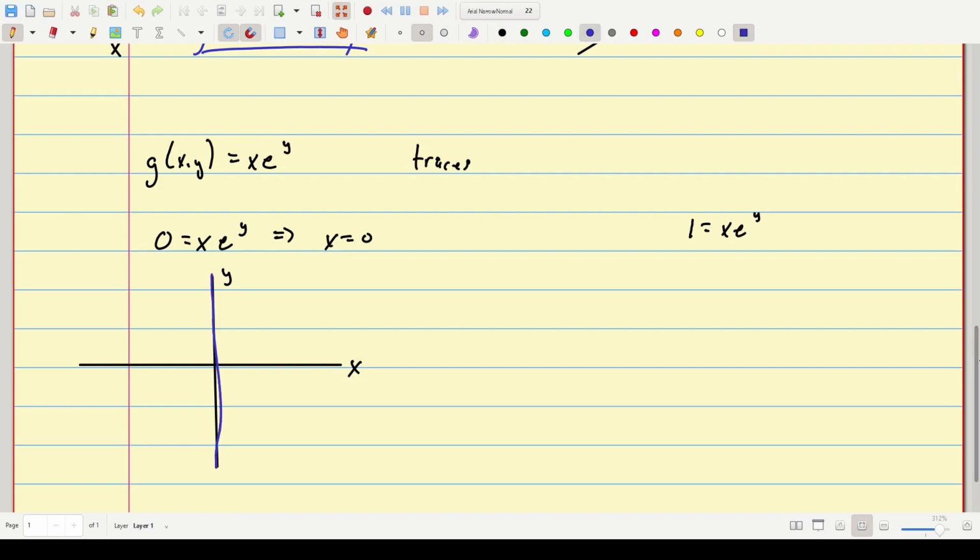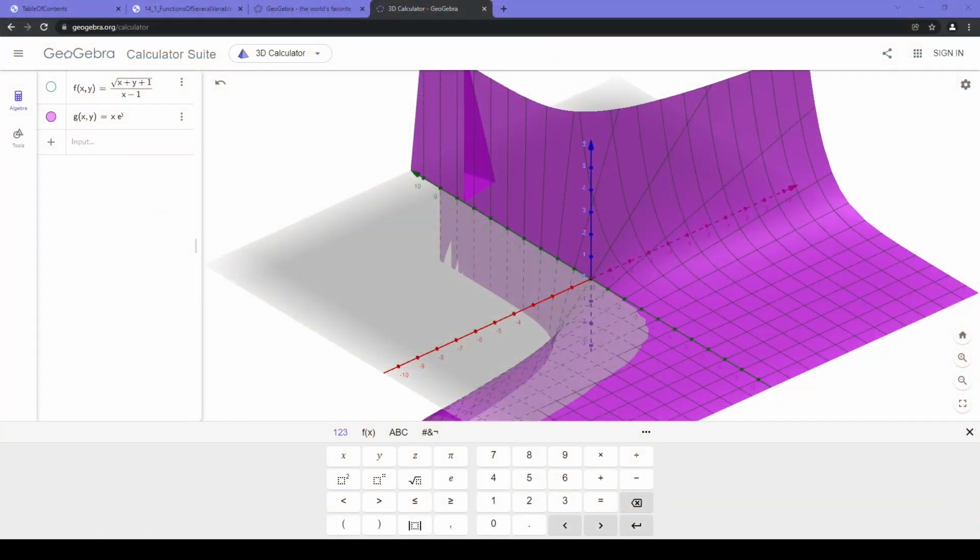Makes the graph really easy to draw. And that matches, right? You can see how it's just a 0 here.